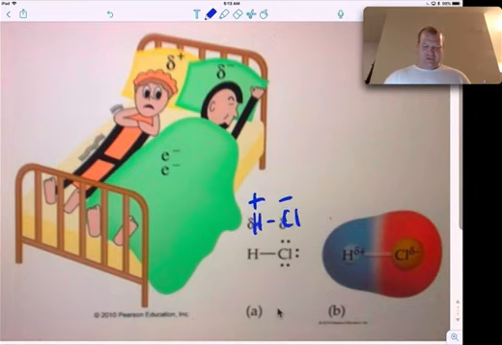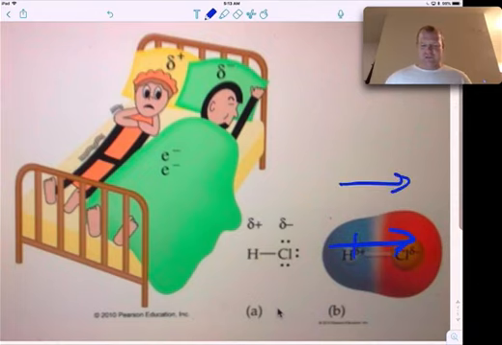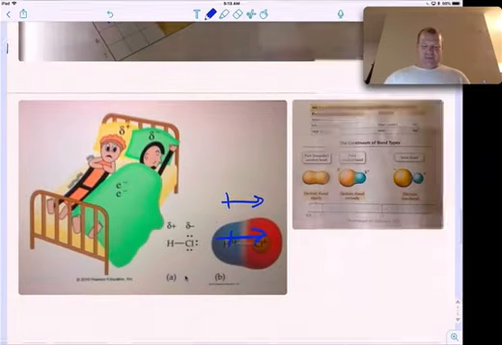The electrons are drawn towards the chlorine. Remember, electrons are kind of fuzzy, so the electron density is just drawn towards the chlorine rather than the hydrogen. There's still electron density around hydrogen, but there's more around chlorine. And that's known as a polar covalent bond.